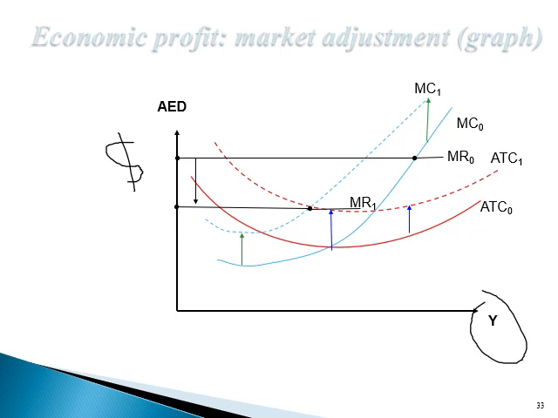So let us say that we have two producers. One of them has ATC0 and the other has ATC1. It means that the producer who has ATC0 is more efficient than the producer who has ATC1, because the producer who has ATC0 can produce the same level of output that the producer who has ATC1 can produce, but at a level of cost that is less than the other producer.